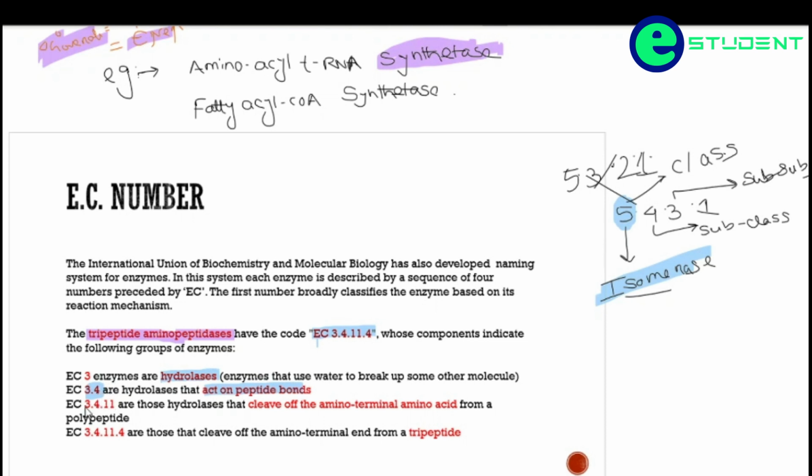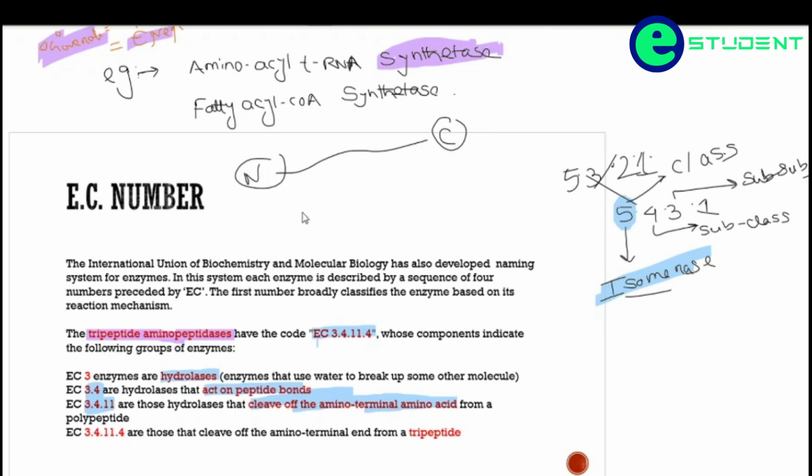3.4.11 means that its subclass is that it cleaves off the amino terminal, I mean it acts on the amino terminal of an amino acid. We all know that there are two terminals of a peptide, one is the N terminal and another one is the C terminal.